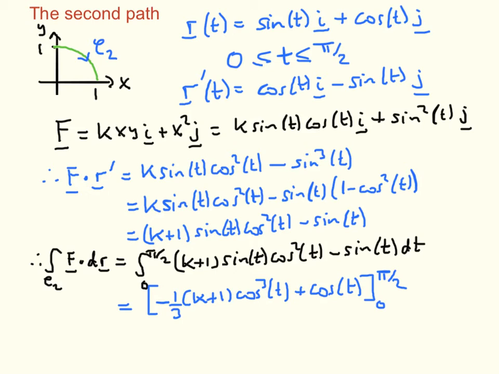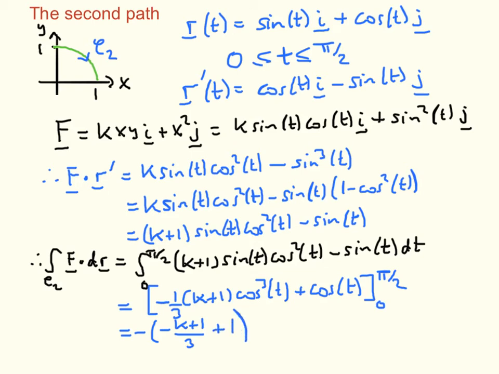Now, at the upper limit, we're going to have the cosine of pi over 2, which vanishes here and here, so all of this vanishes up at the upper limit. At the lower limit, you're going to have the cosine of 0, which is 1, and there will be an additional minus sign from being at the lower limit. So what we obtain is minus brackets minus kappa plus 1 all over 3, so that's this term multiplied by 1 cubed, plus 1.